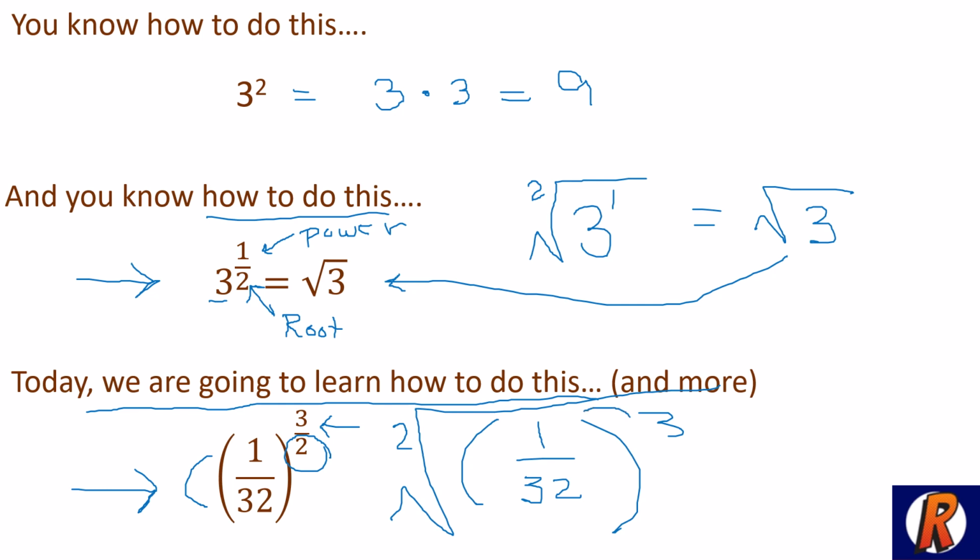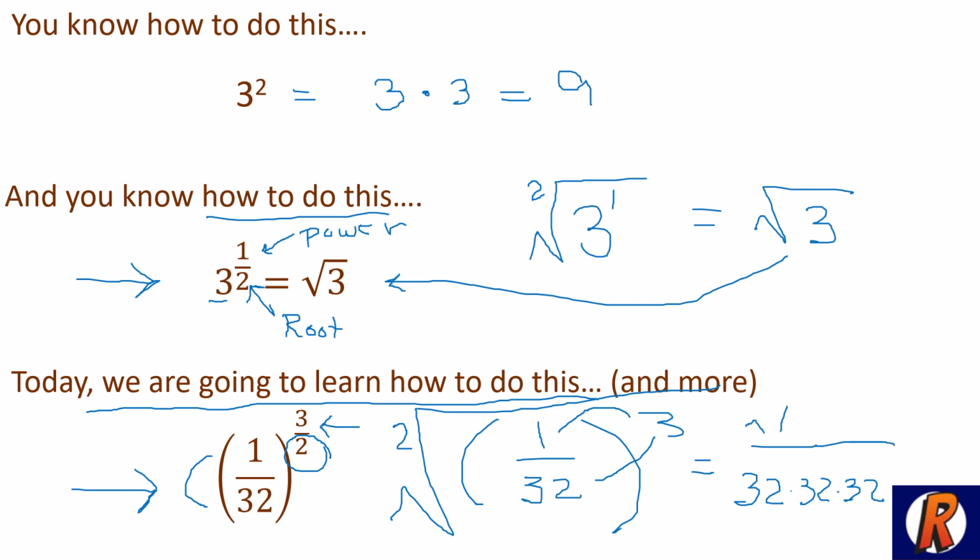So we're going to go ahead and take 1 to the third power, which is 1 times 1 times 1, is 1. And then 32 to the third power, I'm just going to go ahead and write it out 3 times: 32 times 32, so I don't have to factor it out here in a minute, times 32.